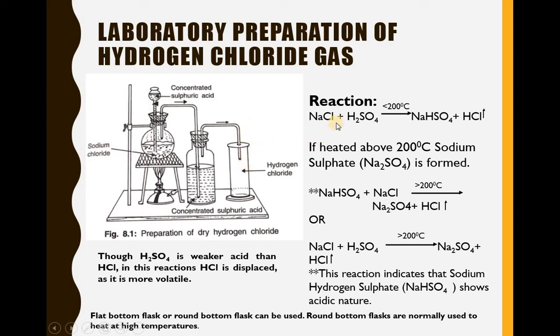Now the reactions are shown over here. Below 200 degrees Celsius we get sodium bisulfate and HCl. If heated above 200 degrees Celsius, sodium sulfate is formed. Now this particular reaction, sodium bisulfate plus sodium chloride, gives you Na2SO4 and HCl gas above 200 degrees Celsius.